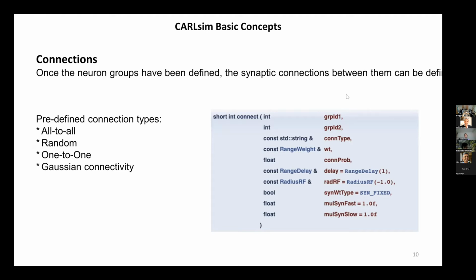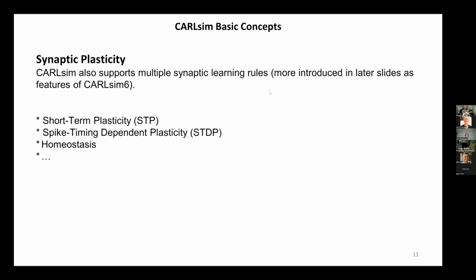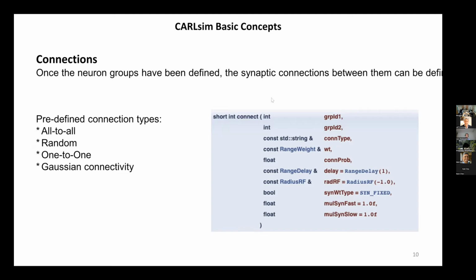Then we also define the connection type, the weight, the connection probability, and some other more advanced hyperparameters. So basically, we have already introduced that neurons are created in groups, and once the groups are created, we build connections between them. Once the connection is built, we create synapses between the neurons. Can we go to the next slide?